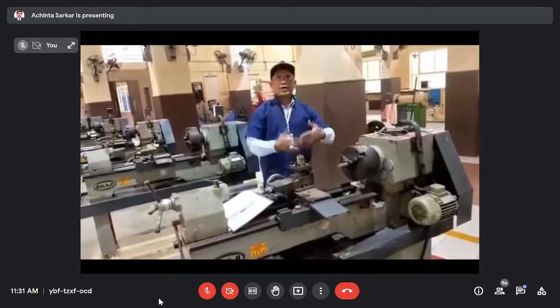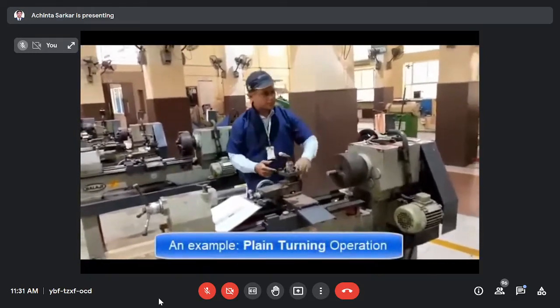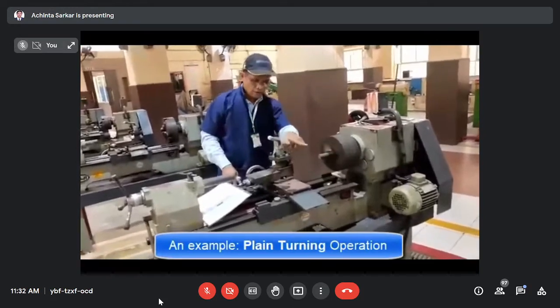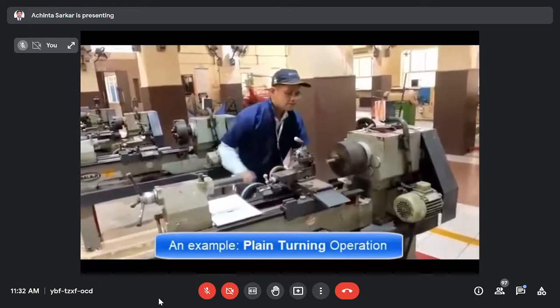I am giving you an example of turning. You have to rotate the workpiece by switching on, and the cutting point of the cutting tool you have to bring against the rotating workpiece. Just see here.